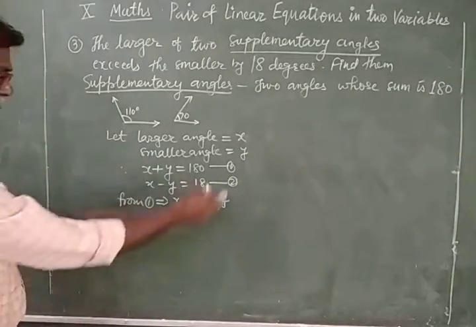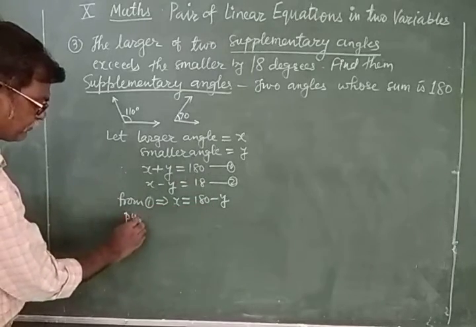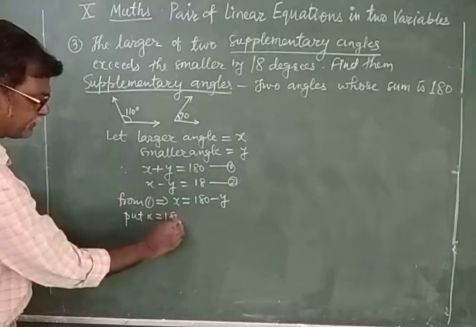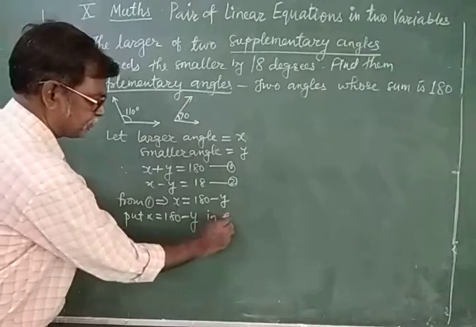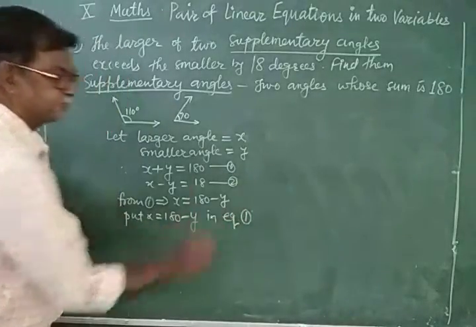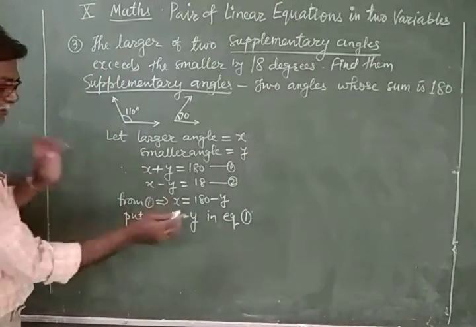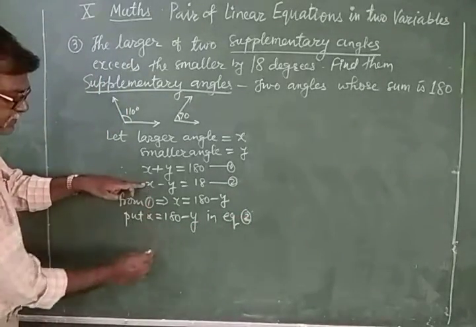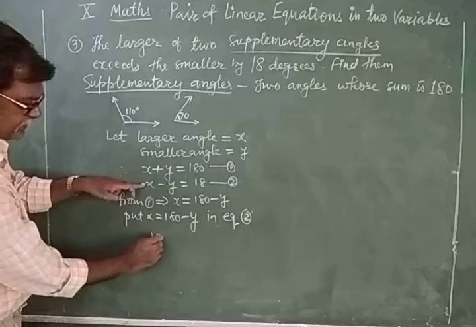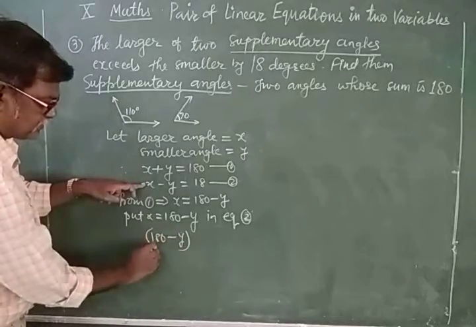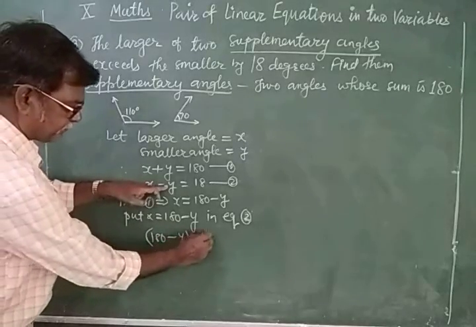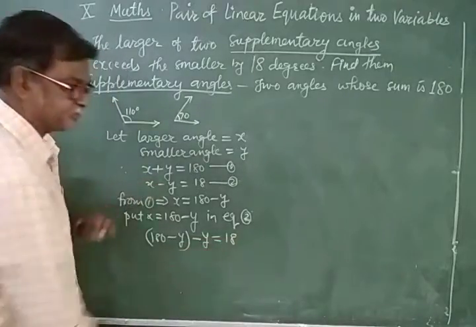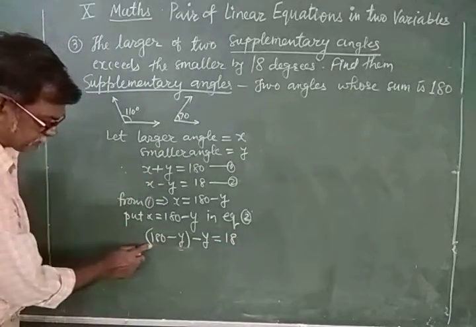Put x is equal to 180 minus y in equation 2. This is x, means 180 minus y, minus y is equal to 18.